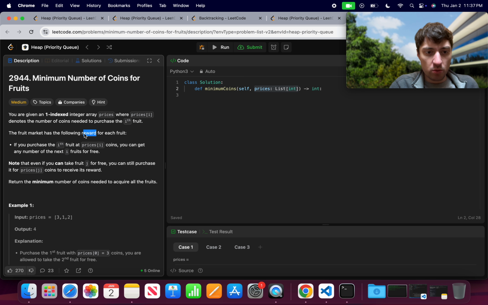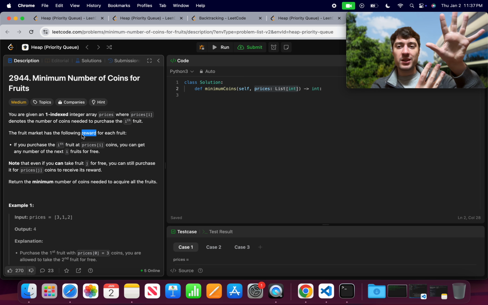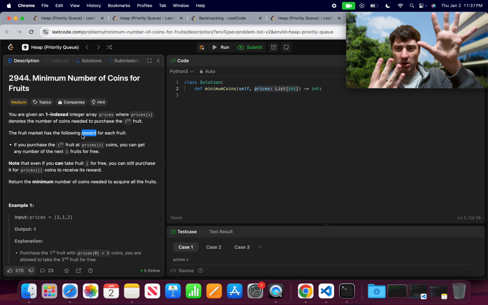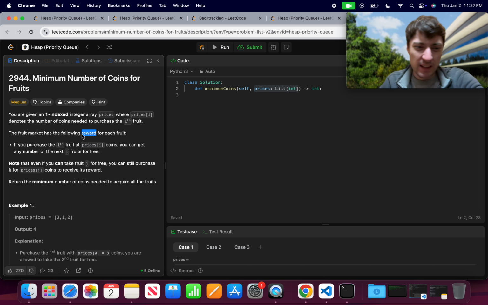And this reward, okay. So I think that means that if I get, let's just say the third index, and I purchase it for however much it is, like 5 coins, I think what it means is I get the fourth, but I don't get the reward of the fourth unless I pay the price. Maybe that's what it means.